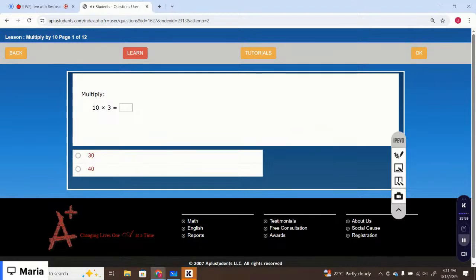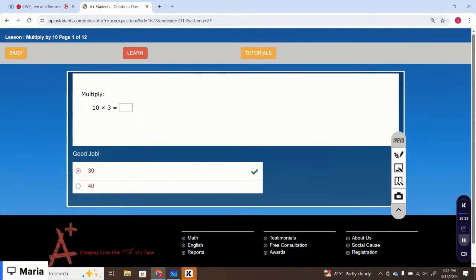Ten times 3, which is the correct option? 10 times 3 equals 30. Option number 1 is the correct option.